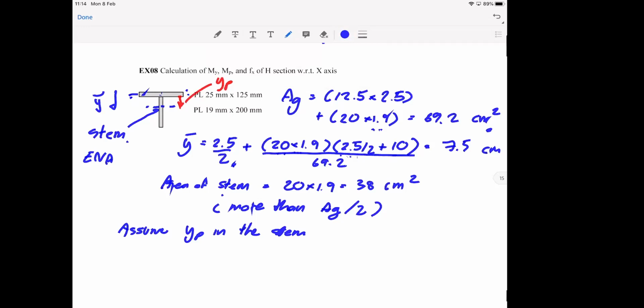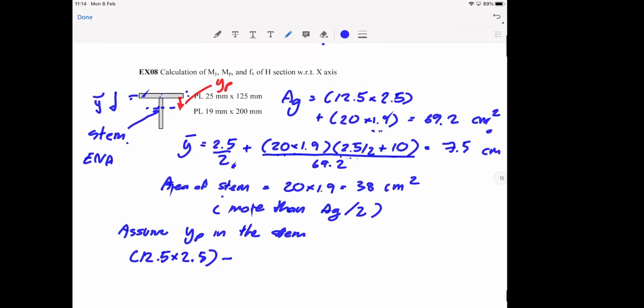So if this is true, I would have the area of the flange plus some portion under Y_P. Oh, again, you know what? I am so sorry.